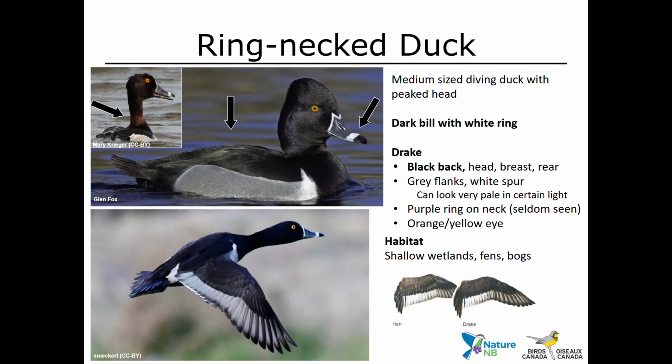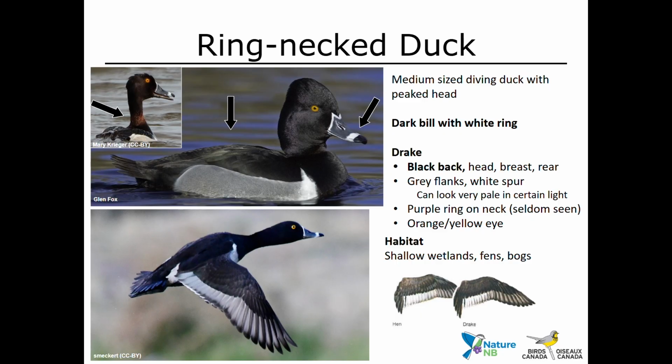The ring neck refers to a purple ring on the neck, but this is actually rarely seen, so it's more accurate to call the ringneck duck the ring-billed duck because that white ring on the bill is much more distinctive. And the eye of the drake is bright yellow or orange.